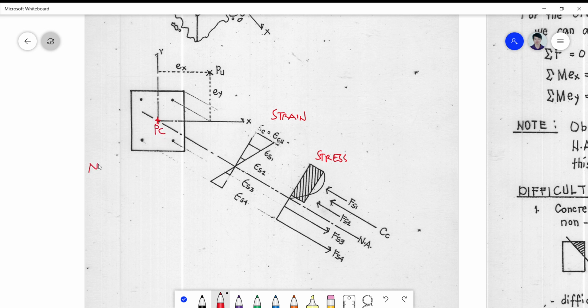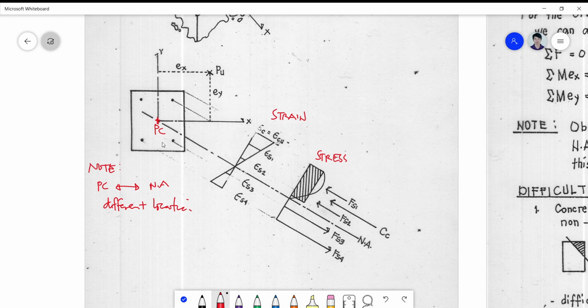Take note that the plastic centroid and the neutral axis are not the same in terms of location. It can be at different locations. The plastic centroid can be here, while the neutral axis is located here.